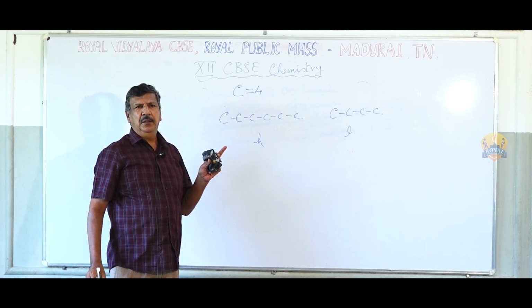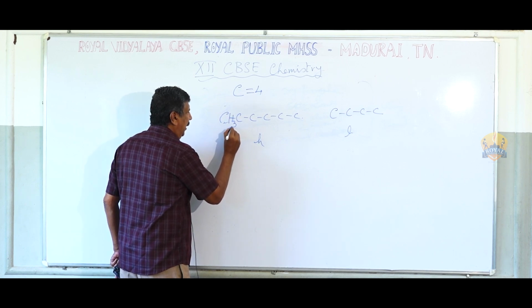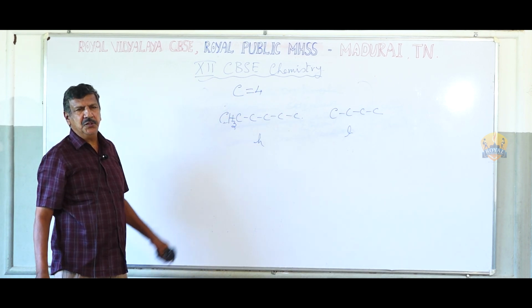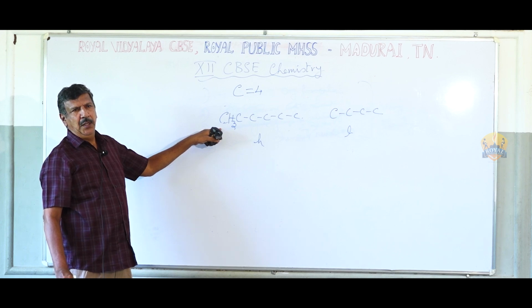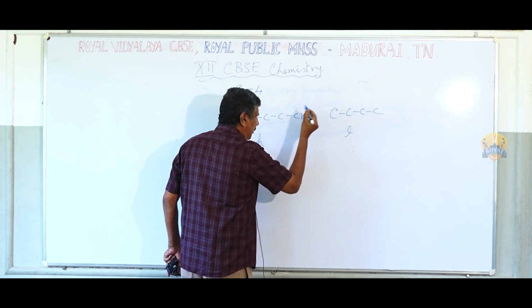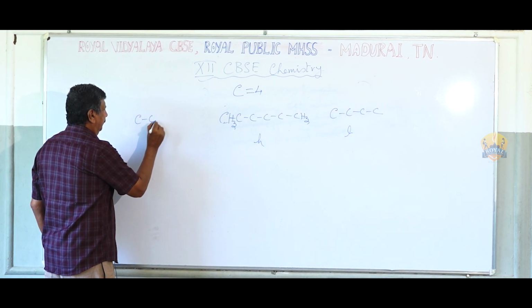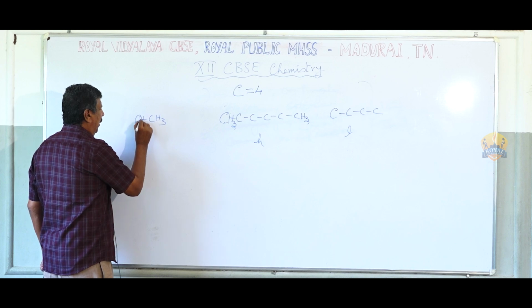But see to that, the first carbon will have 3 hydrogens. This is very, very important. And the last carbon also ends with CH3. You can go for any formula.